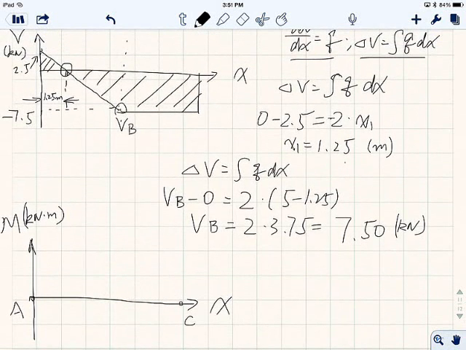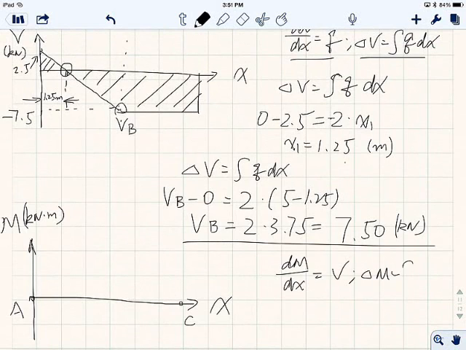Okay, now we can also use these two equations to solve for where the moment diagram is going and how much it's going to go up or go down.